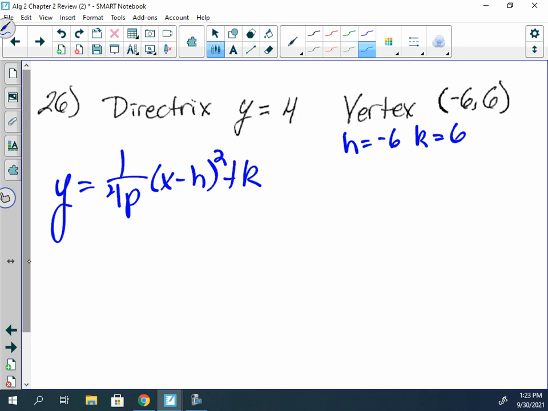Now the directrix for this one here is going to be what? K minus p. Well, it's telling me k minus p is equal to 4, yes? What's the value of k? 6? Please tell me y'all can do this in your head.